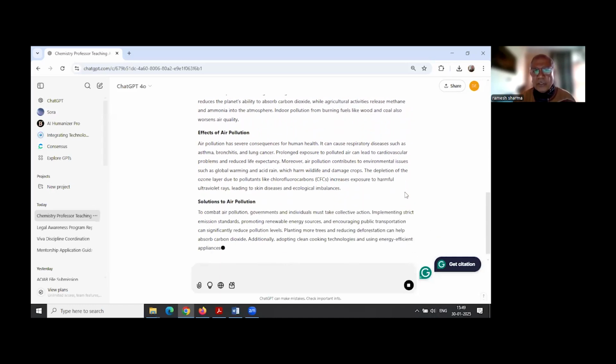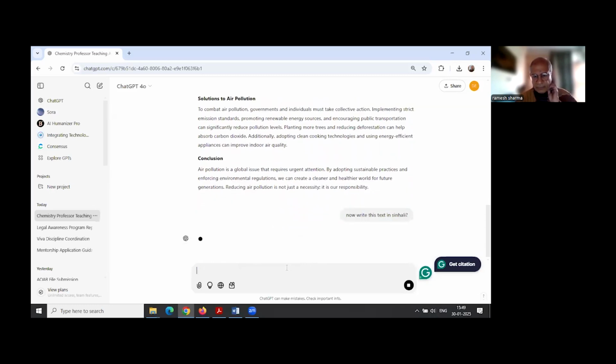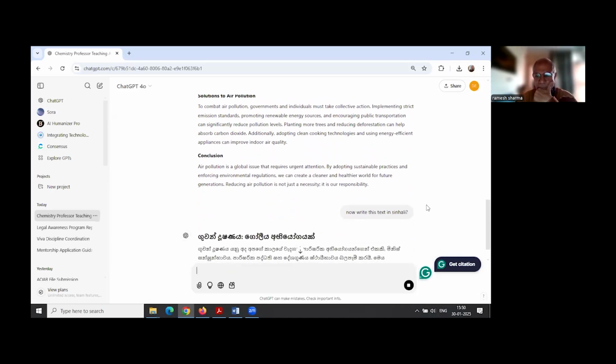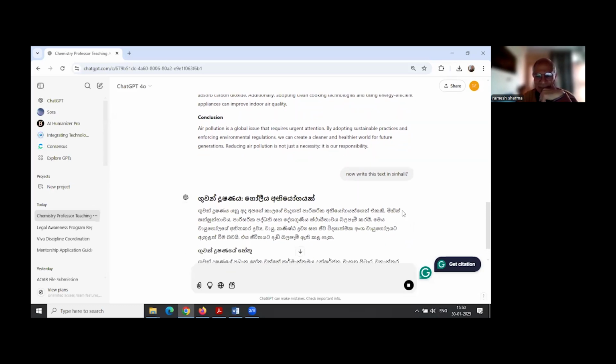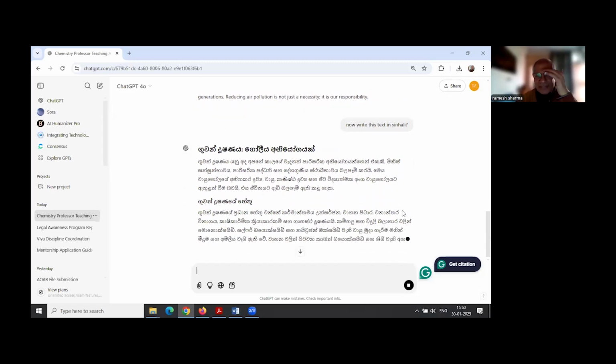And another powerful function of it is that you can say, now write this text in, what is the spelling? Okay, I can't read it. Maybe if you see the screen, you know what it is doing. I hope it is writing it.